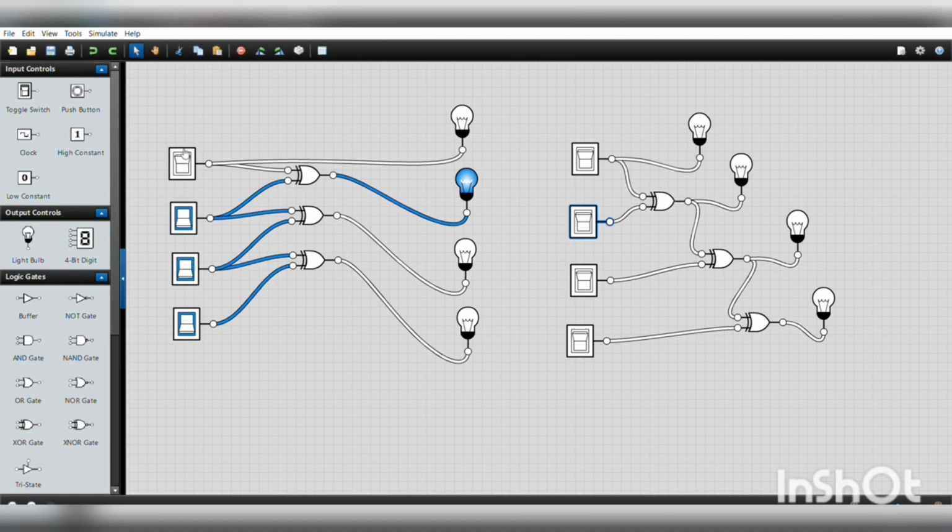So let us give all the binary inputs as 1 and you get the corresponding gray code output as 1, 0, 0, 0. And if you give the input like 1, 0, 0, 1, your corresponding gray code output is 1, 1, 0, 1.